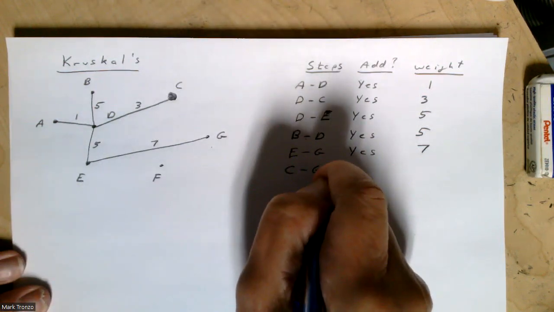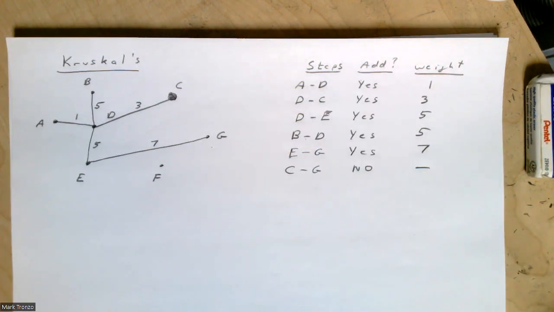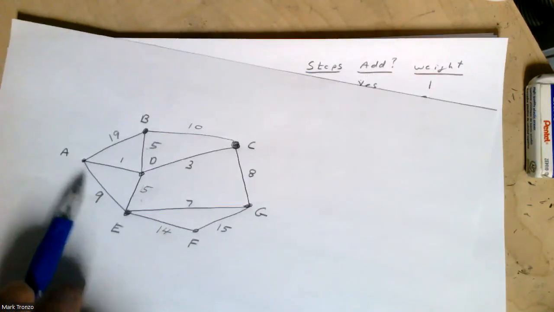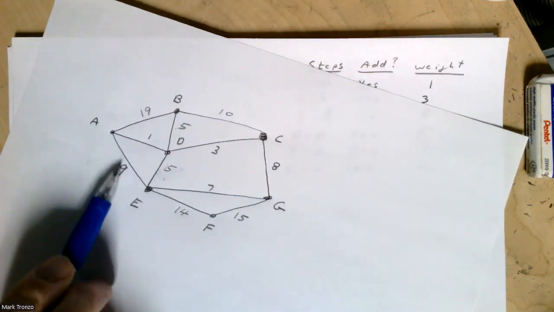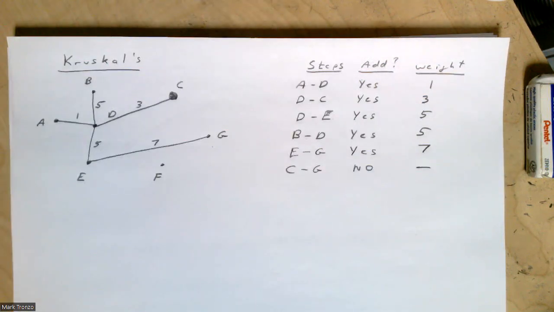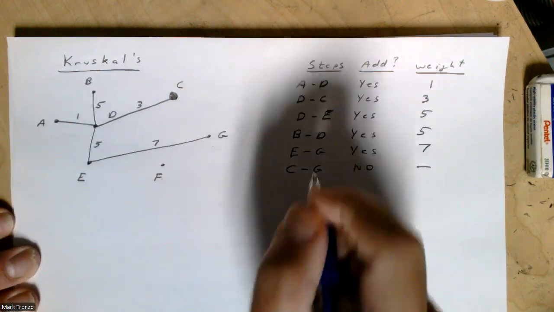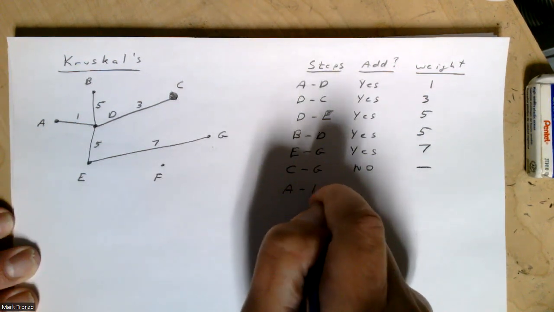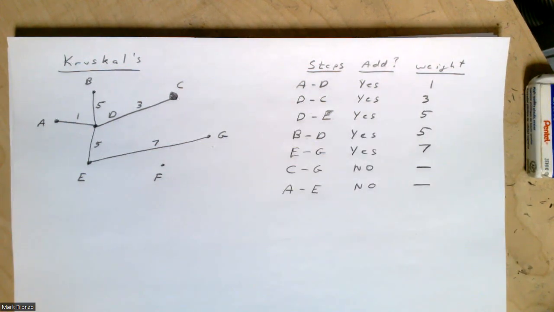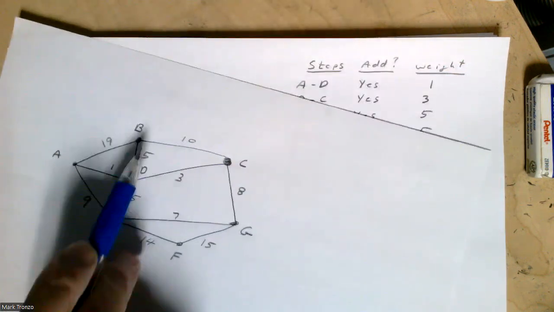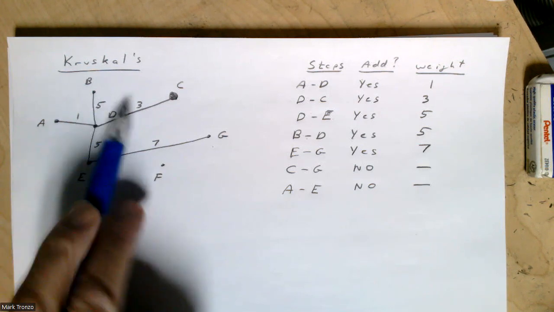So we're not going to put that in. And the next one here would be 9. We're not going to put that in because, see, that would cause a circuit here. And the next one would be 10. We're not going to put that one in because that would cause a circuit.